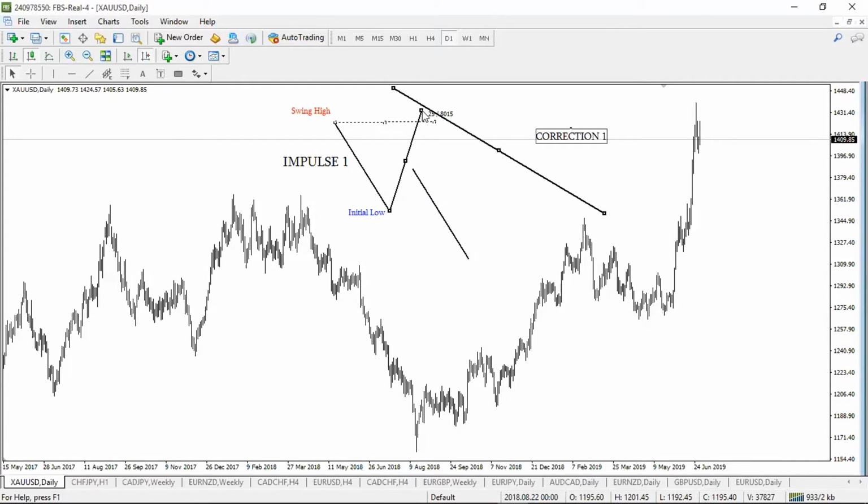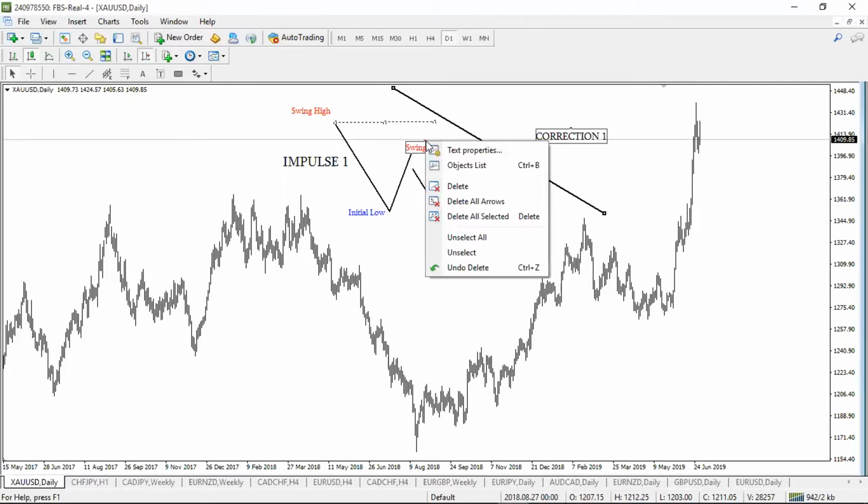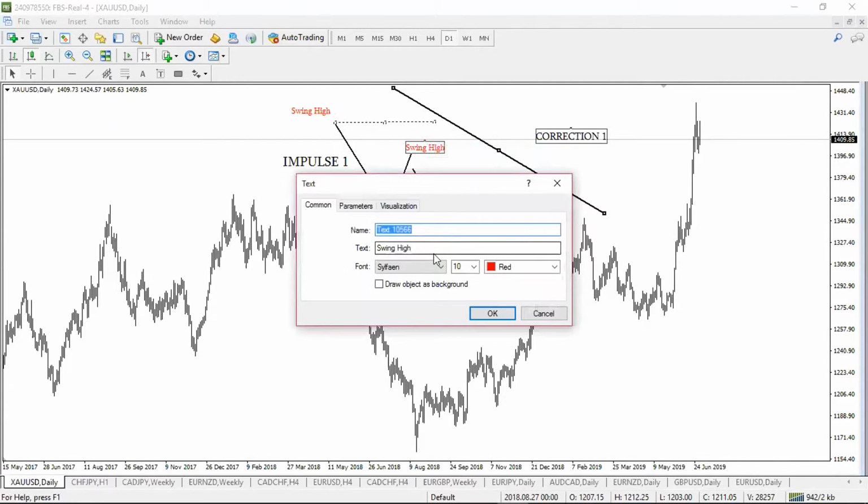Because if it does, then it means it's no longer a downtrend, because this high is above that one. In a downtrend, you have a swing high, then the next high is supposed to be lower than the previous one. So this is going to be your lower high.